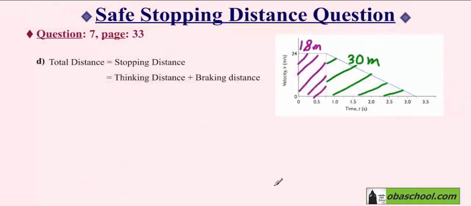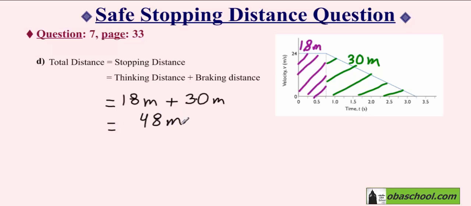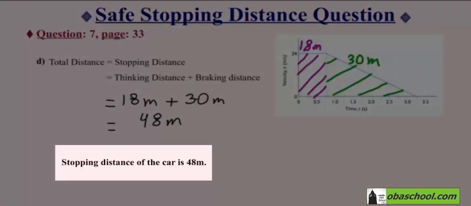Now we add this to the equation here, so we get the thinking distance of 18 meters and the braking distance of 30 meters. And the final answer is 48 meters. So the stopping distance of the car is 48 meters.